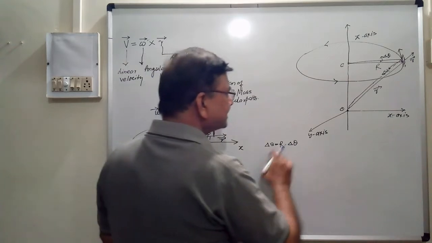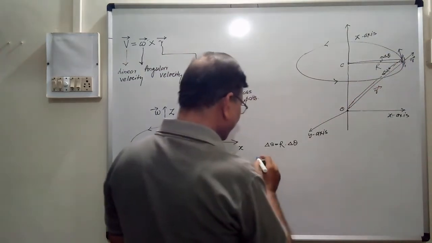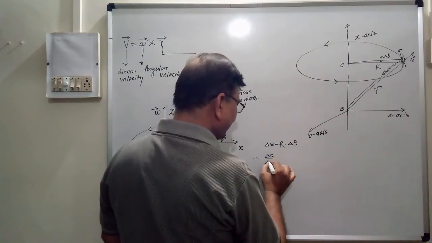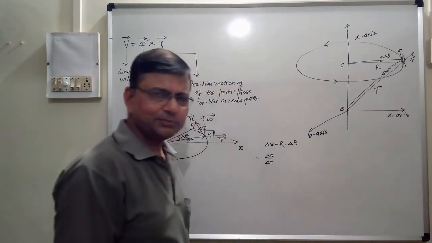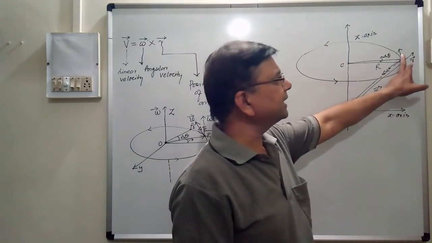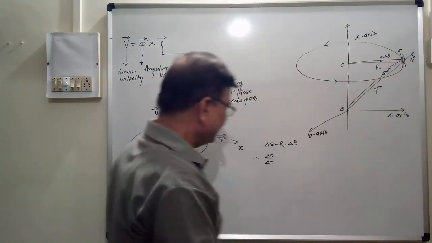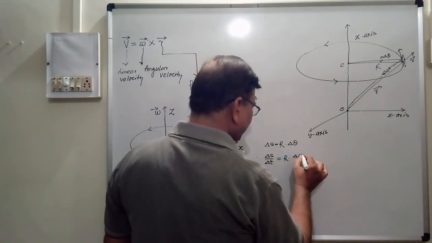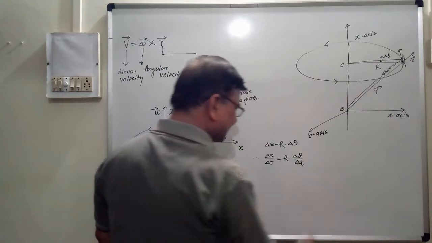Now suppose it takes time delta t, right? So therefore delta S upon delta t, we will divide both the sides by delta t. Time taken by the particle P1 to reach P2, so it will be divided by delta t, we will get R delta theta upon delta t.